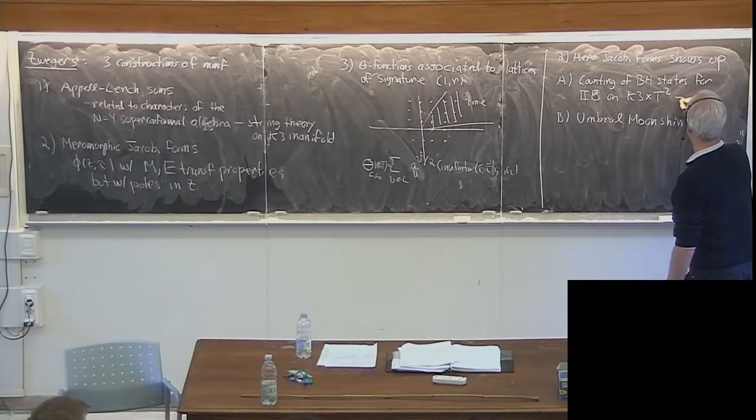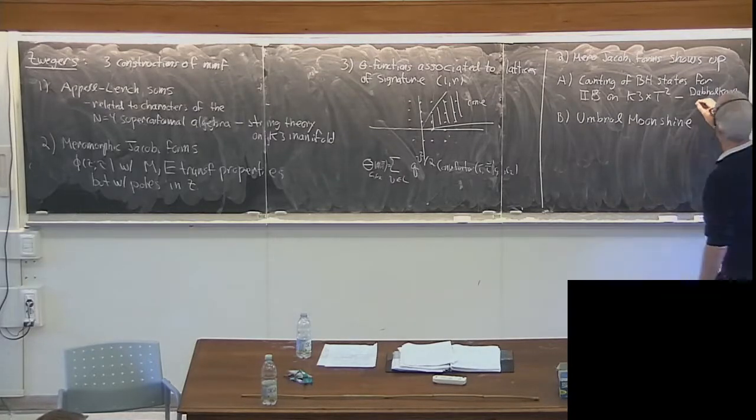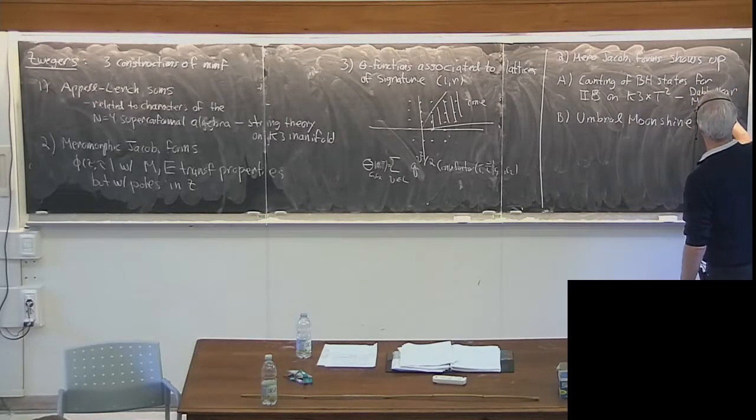So this is due to a number of people, but it was explained in great detail and in the most complete way in a very nice paper, soon to be a book, I think, by Dabholkar, Murthy, and Zagier.